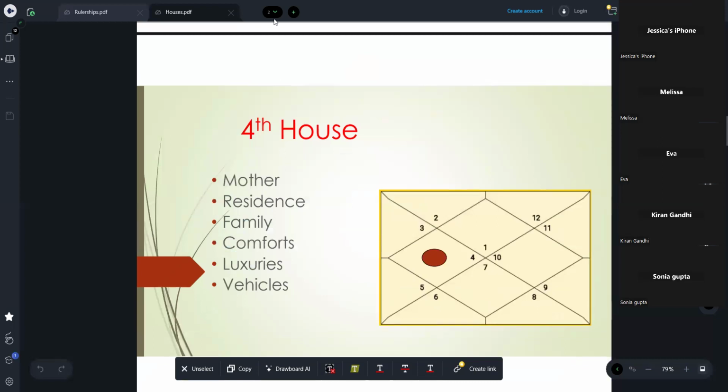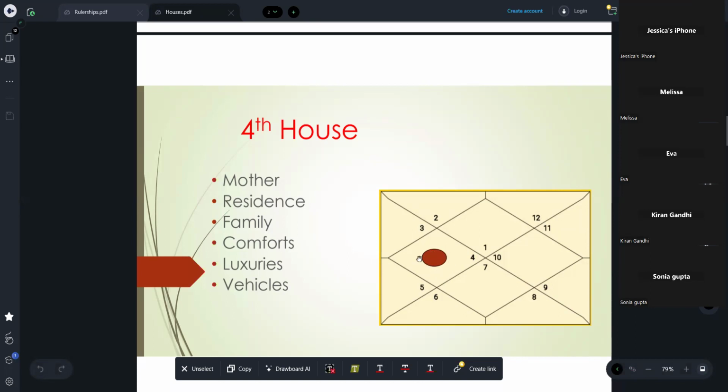The fourth house represents your mother. The fourth house is the house of nurturing, really, nurturing and convenience. Those two things, I would say those are the keywords for the fourth house. Nurturing, feeling safe, because you feel safe in your residence, in your home.